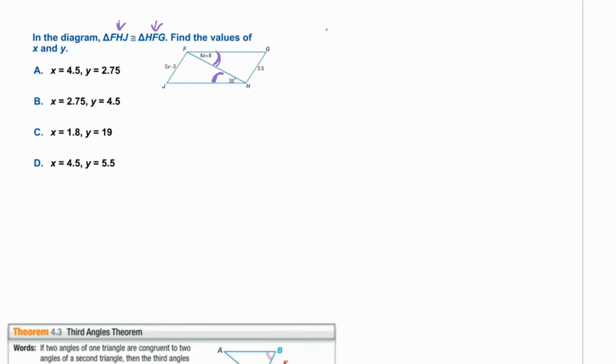So I know that 6x plus 8 equals 35. Solving that for x, I have 6x equals 27, so x equals 4.5.